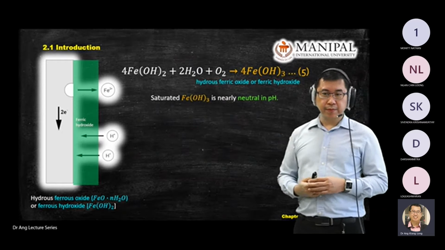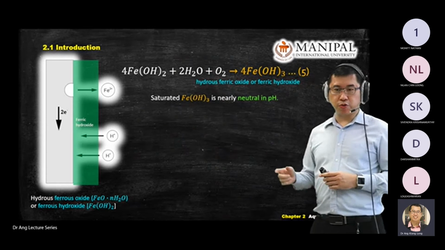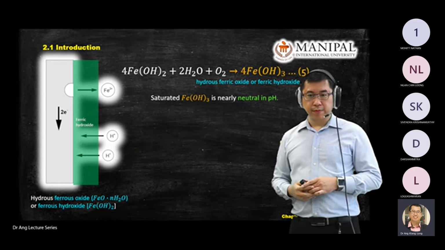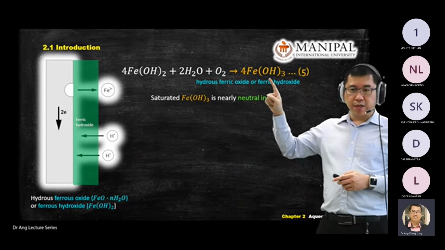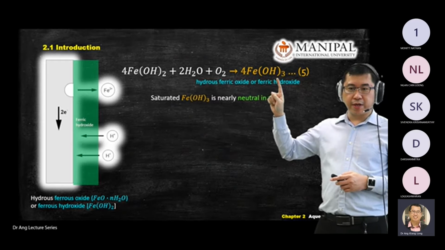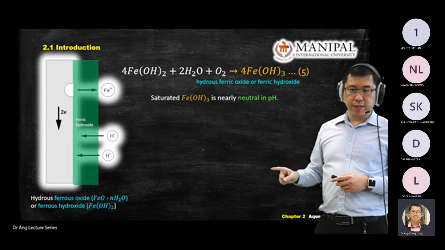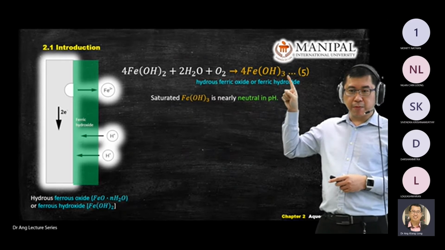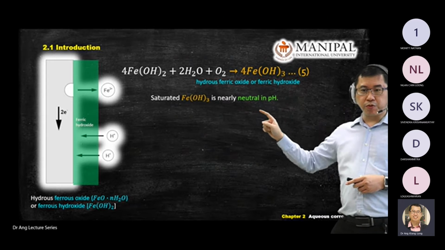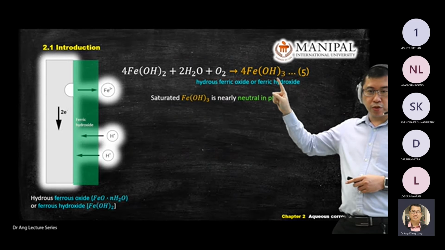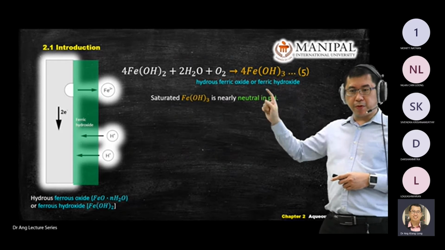Just the differences between Fe(OH)2 and Fe(OH)3: if you have more OH here, it gives you more neutral, and with Fe(OH)2, it will be more alkaline.